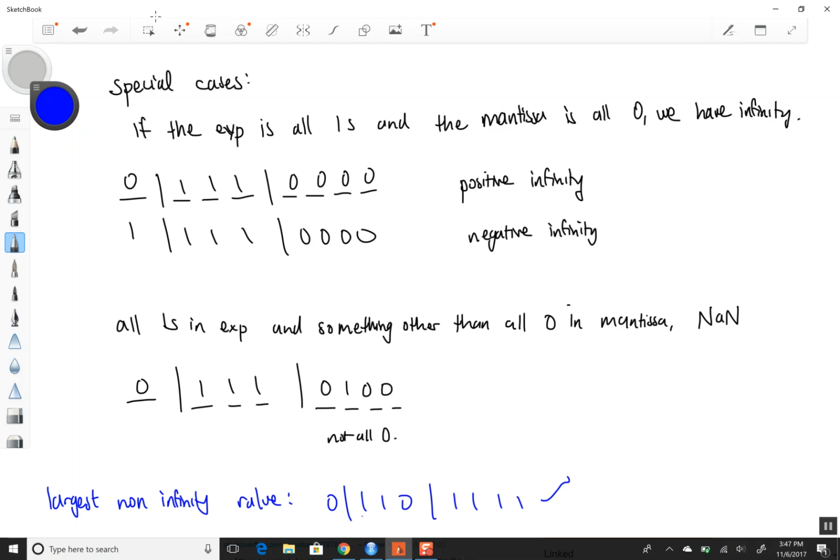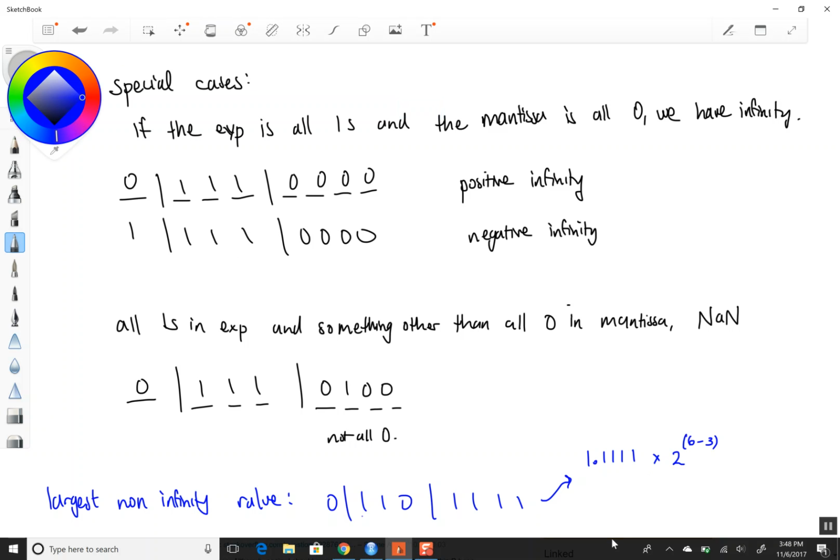This would be equal to 1.1111 times 2 to the 110, which is a 6. We have a bias of 3, so this is 2 to the what? 3. Yeah? Is that okay? Maybe I should write it this way: 6 minus 3. I don't know if that's any better. Okay. So this is our value here.